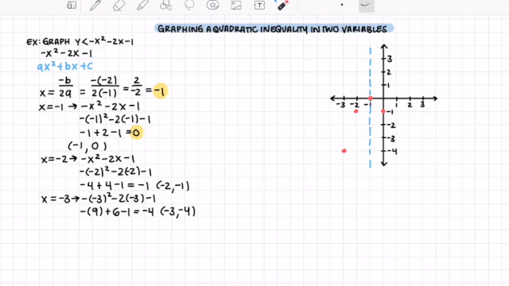And the point that is 2 spaces to the left of the vertex goes all the way down to negative 4, and the point that is 2 spaces to the right also has to go all the way down to negative 4 as well. So right here, I get my parabola like this.